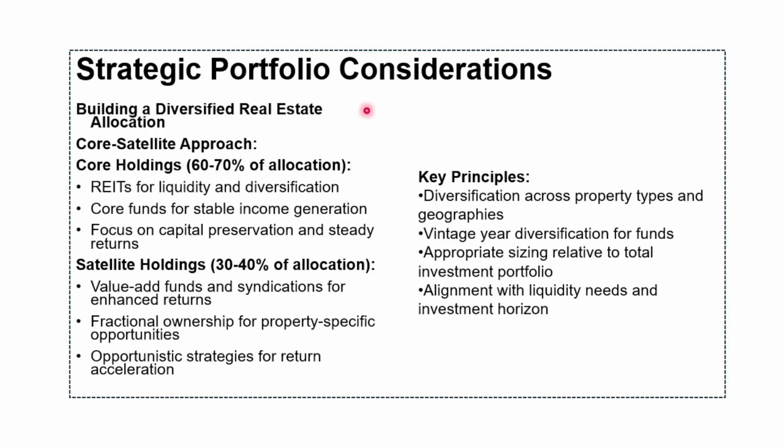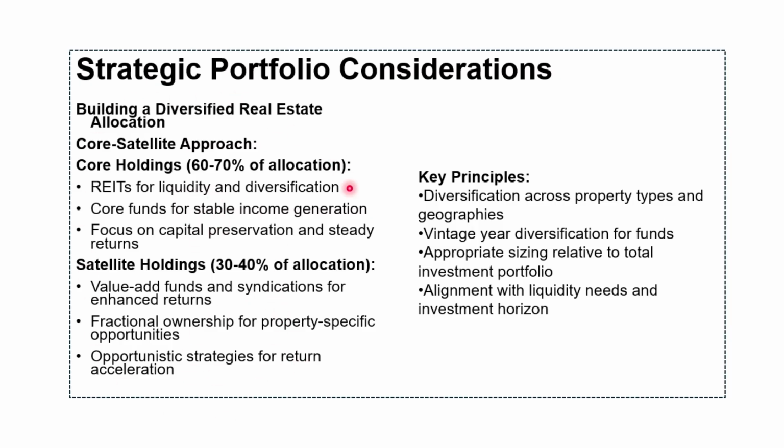Then strategic portfolio allocation. In the previous class, we discussed that we can go for core holding, we can go for satellite holding, that is basically a core-satellite type of combination, where you have a mix of aggressive and stable allocation.